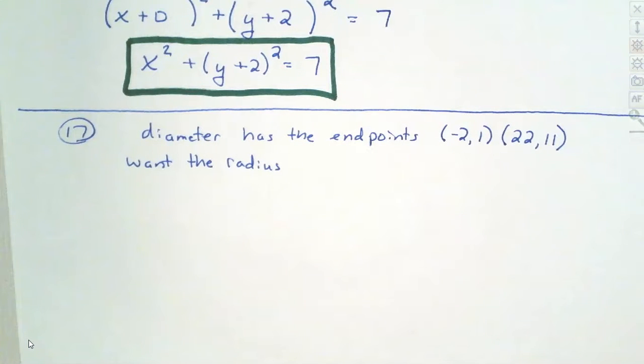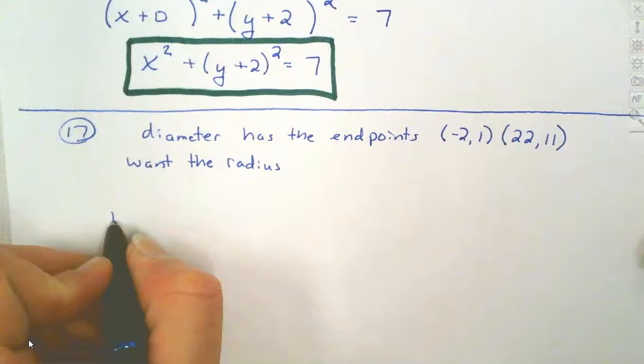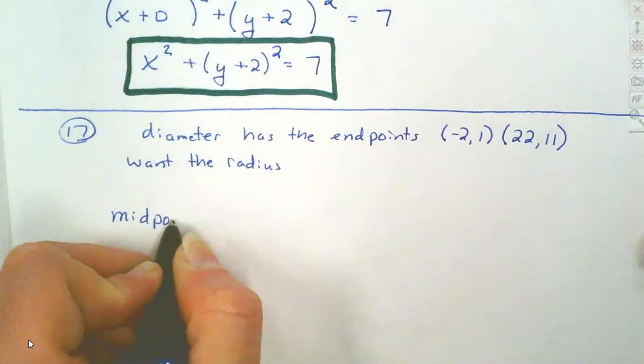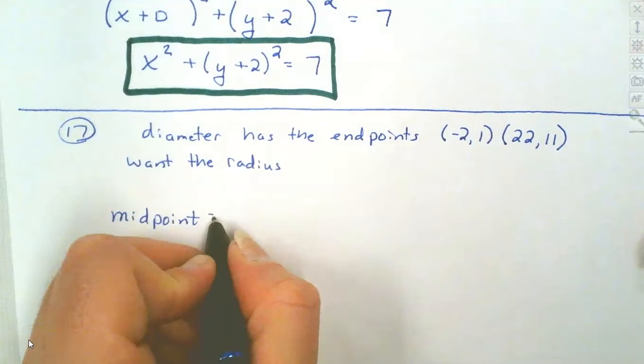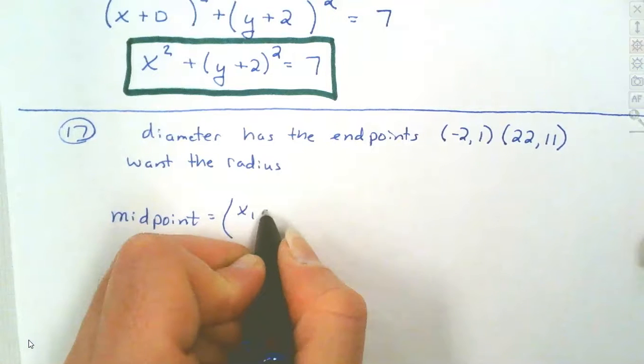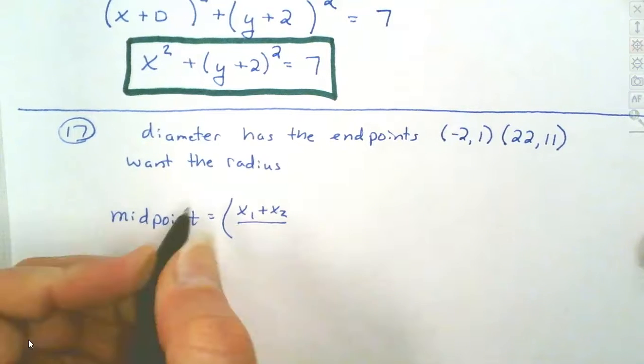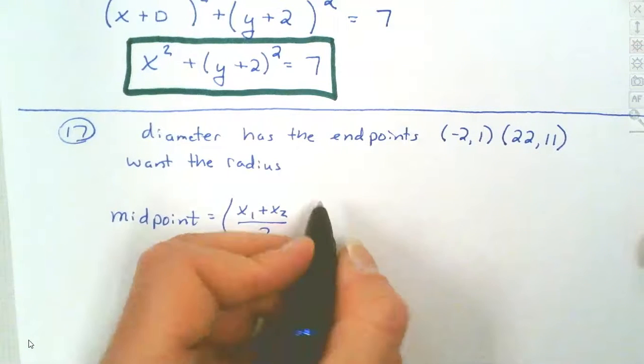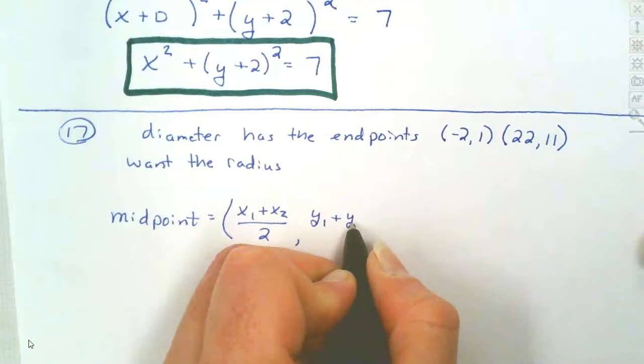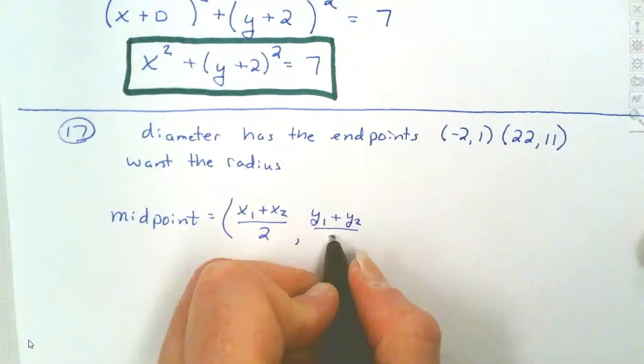So we need to somehow find our center. Well, if we've got these 2 points on the edge of the circle, if we find our midpoint, that would be the center. Okay? So let's try to find the center by using our midpoint formula. And what's our midpoint formula? Our midpoint formula is (x1 plus x2) over 2 and (y1 plus y2) over 2.